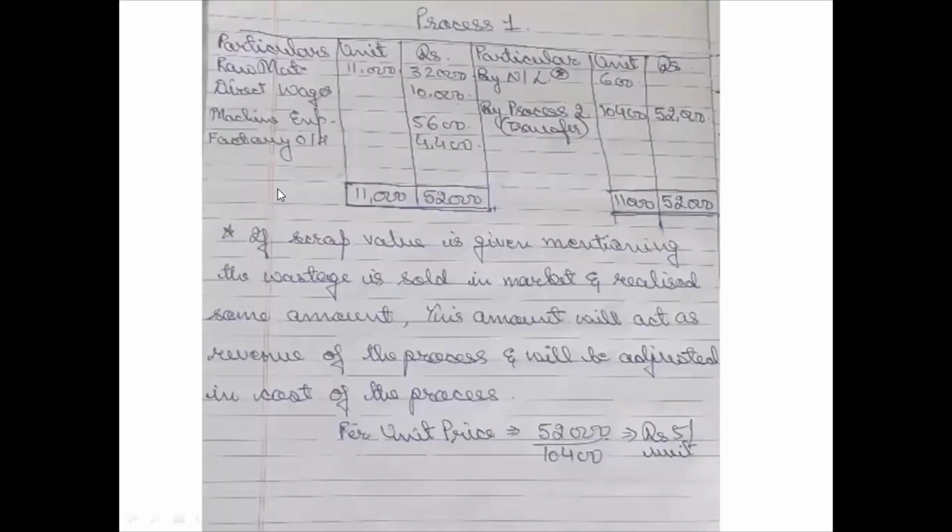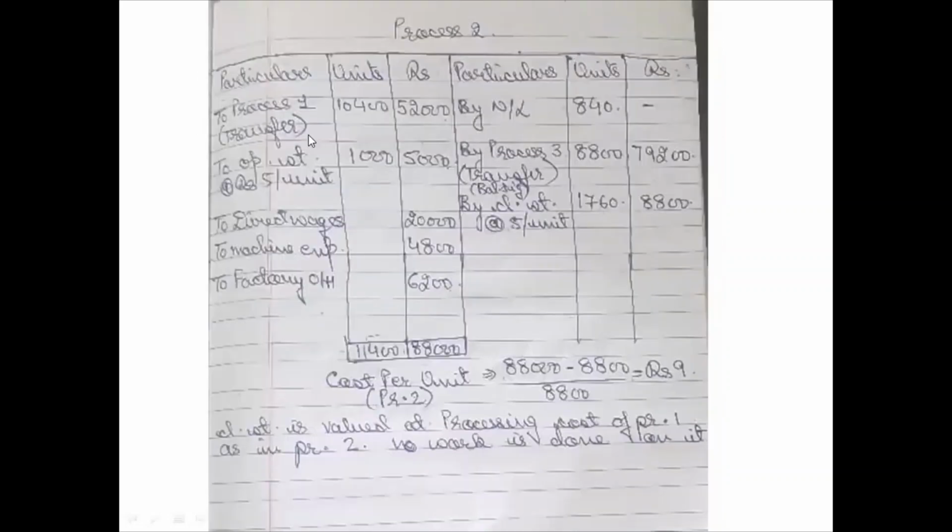That is the cost which we identified in process 1. If something is transferred from process 1 to process 2, the value of the transfer is 5. That means we have done work of rupee 5 on these 1000 units. Remaining work is going to be done in this process itself.